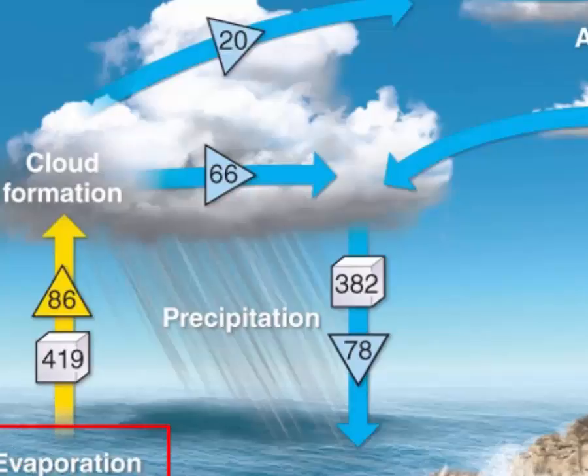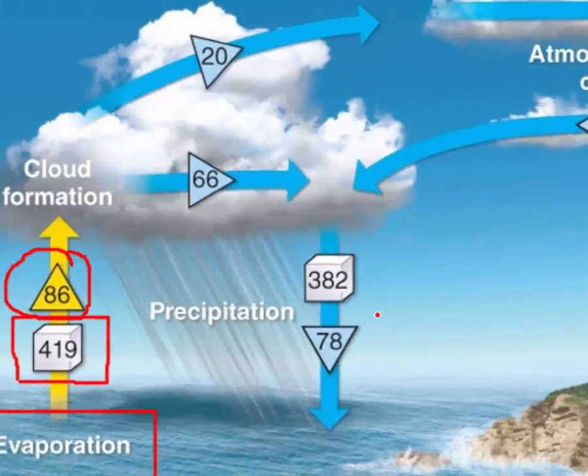So a great deal of evaporation on Earth occurs over the ocean. This graphic you would read: this is 419 cubic kilometers per year of water, and that represents 86% of all water evaporated on the face of the earth comes from the ocean.